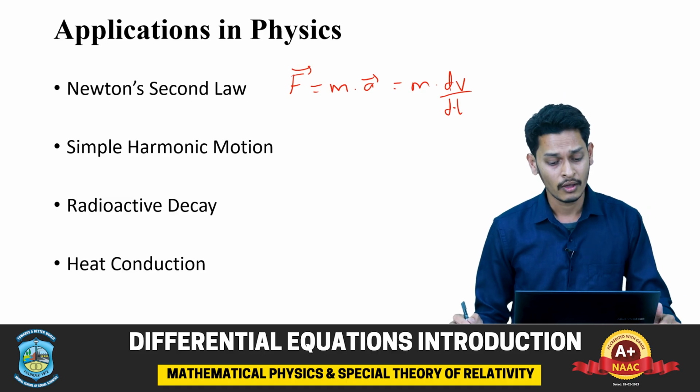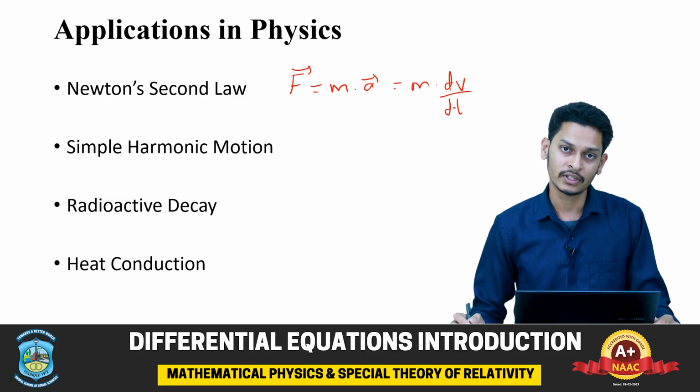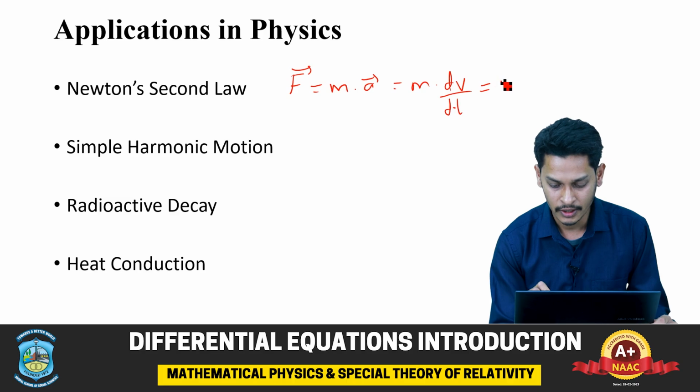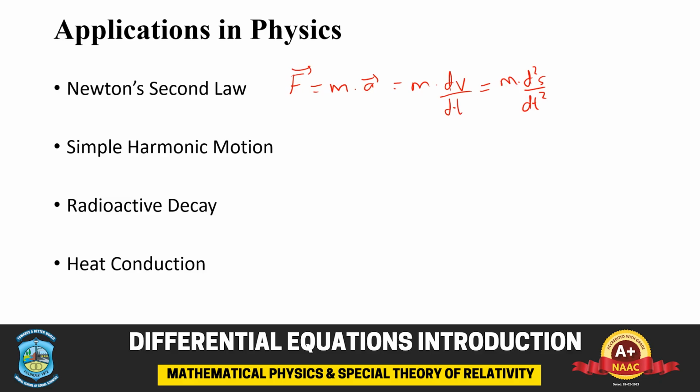And also we know that velocity is the rate of change of position with respect to time. So we can write m times d square x by dt square. Hence the force is equal to mass into the second order derivative of position with respect to time. It is a differential equation.